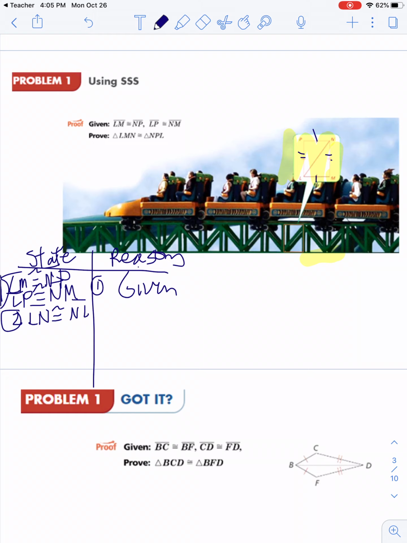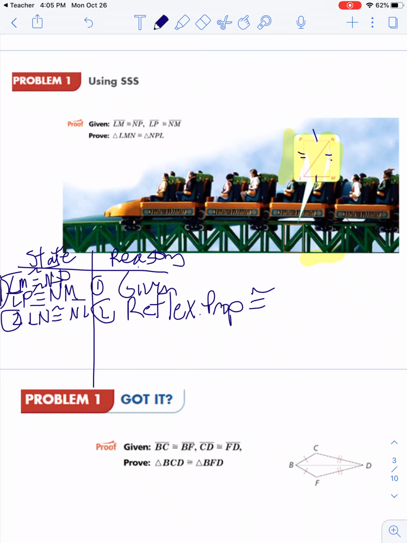And that would be by the reflexive property of congruence. So that's true because it's congruent to itself.